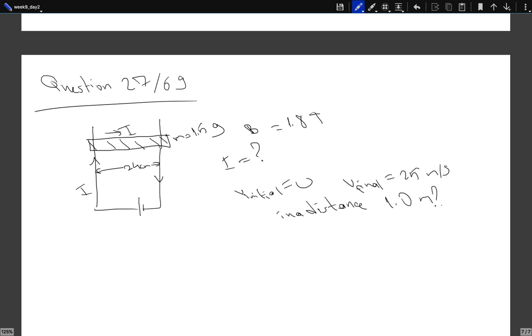So basically we have this loop. This plate, very light, can move almost frictionlessly, and there is a magnetic field. So due to the magnetic field, it will feel a force. If we want the force to be upward, what should be the direction of the magnetic field? Into the screen or out of the screen?